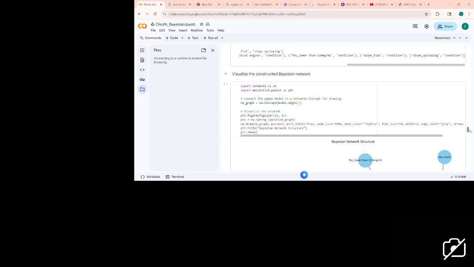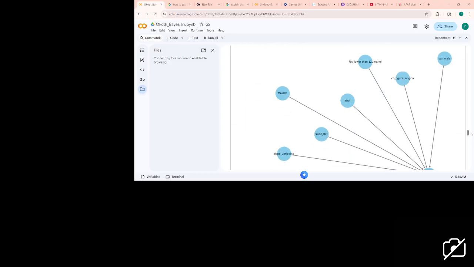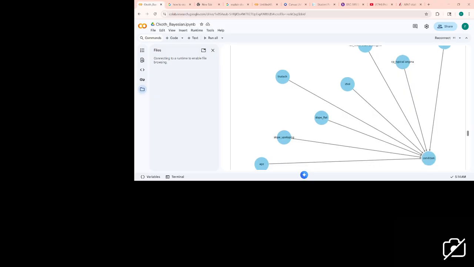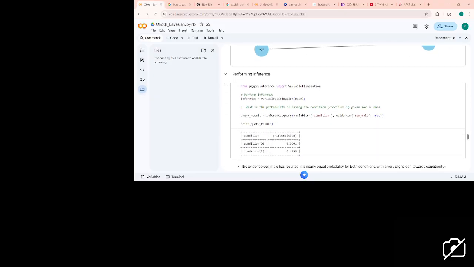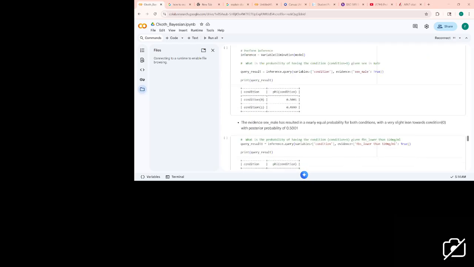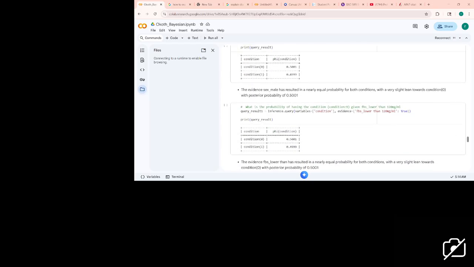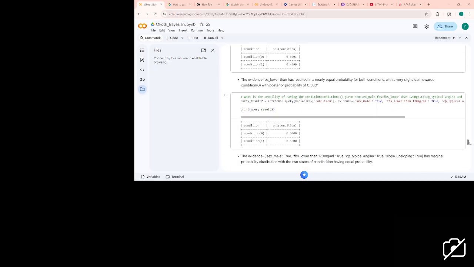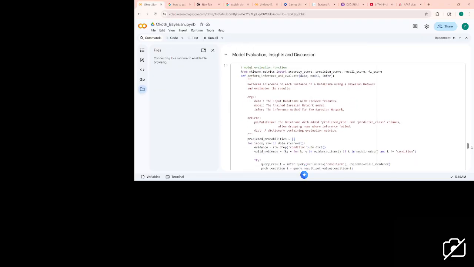For that we visualized the model, the nodes, the edges, and actually we performed the inference using variable elimination, and we were able to compare posterior probabilities, and even look at the marginal probability distributions.